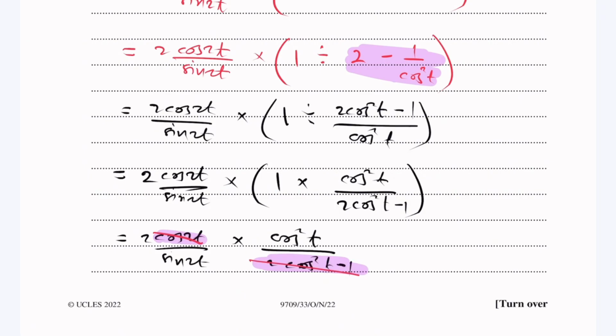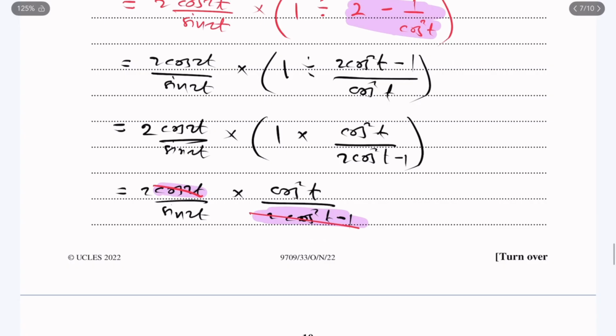Okay, next argument is the sine 2t. That in our MF19 is 2 sine t cos t, right, times our cos square t. And here too we can see a couple of cancellations, such as 2 cancelling 2, and then cos taking 1 of this.